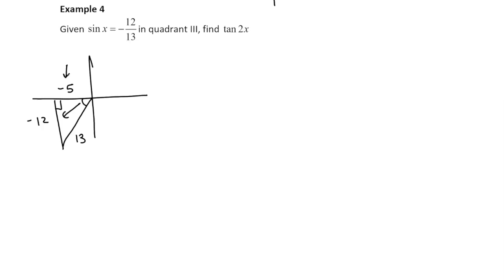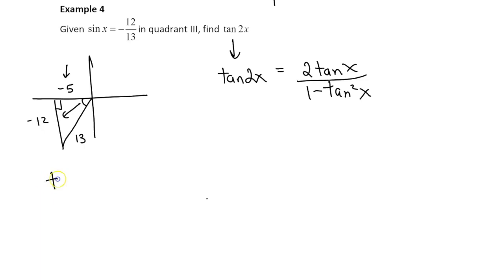So think about your identity for tan 2x, and we know that that expands to equal 2 tan x over 1 minus tan squared x. Well, let's see what tan x is equal to. It's equal to opposite over adjacent, which would be positive 12 over 5. The two negatives cancel each other out.